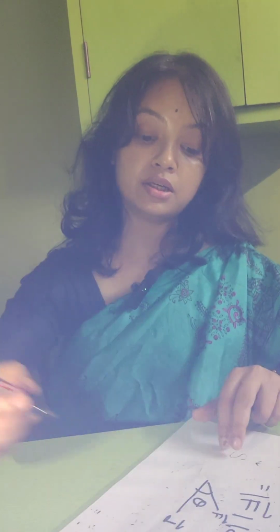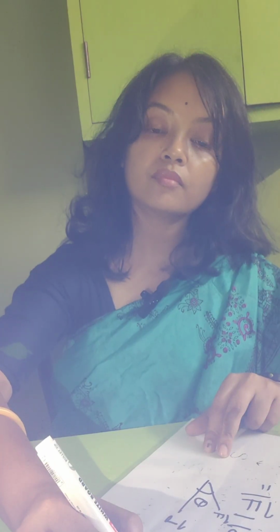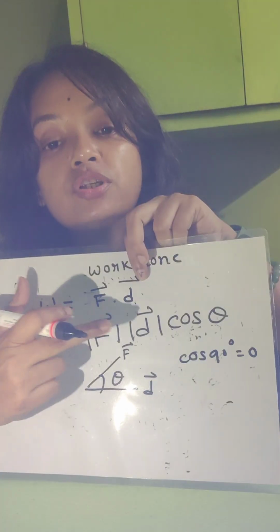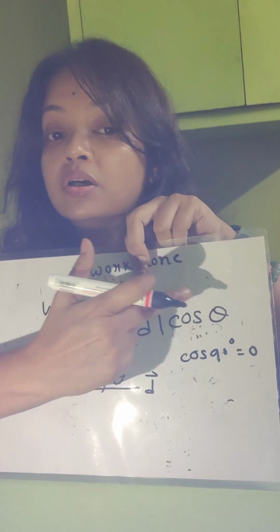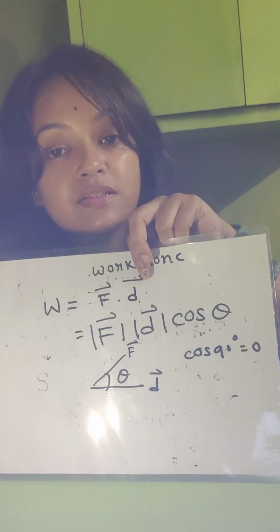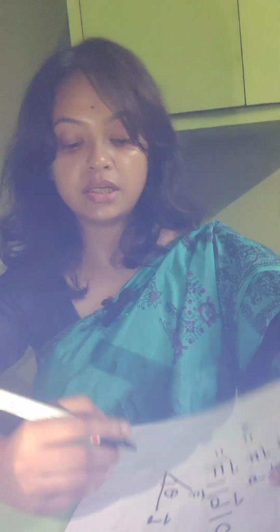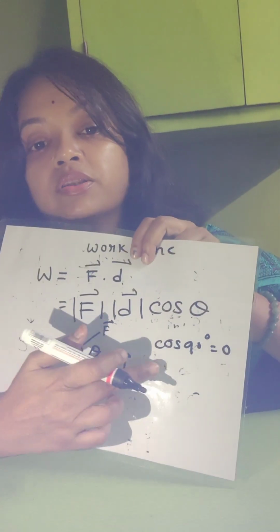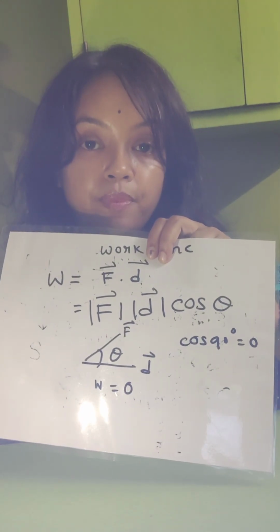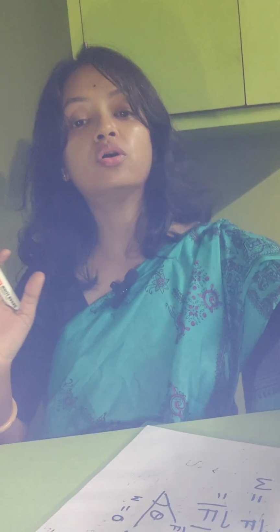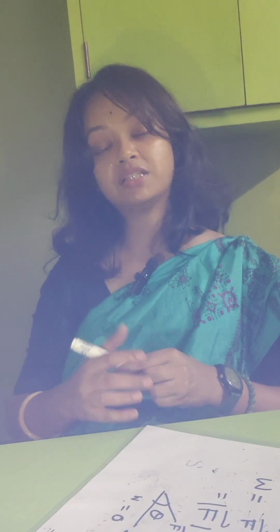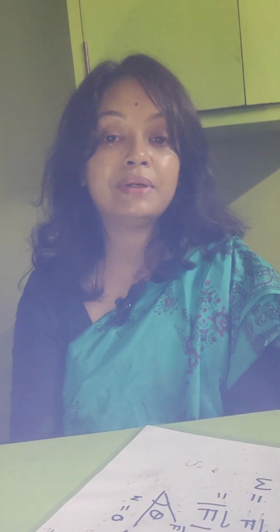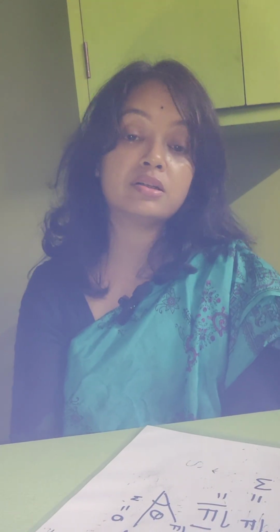That means cos 90 equal to 0 gives work done 0. Hence, we can write W equal to 0 for theta equal to 90 degrees. So, after applying a lot of force, if the displacement occurs perpendicular to the force, then cos 90 becomes 0 and work done is also 0.